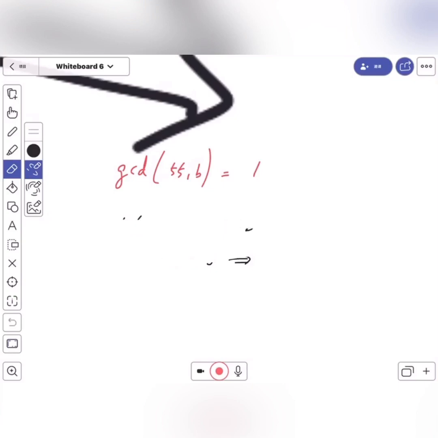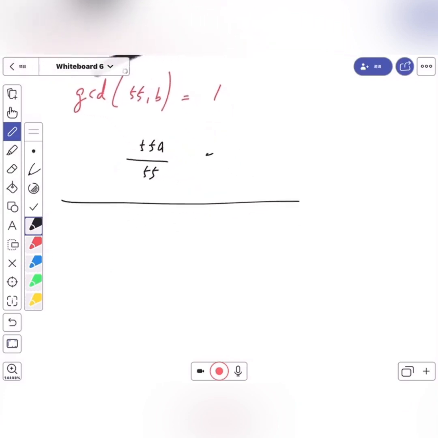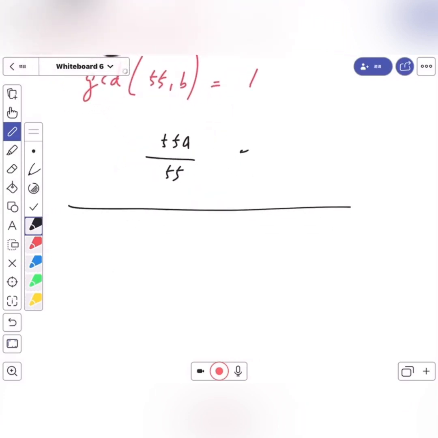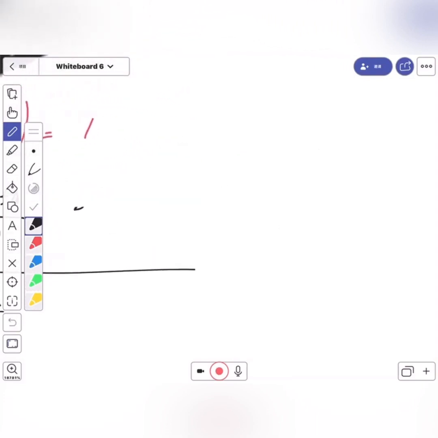Well, actually, it should be 55a over b, right?